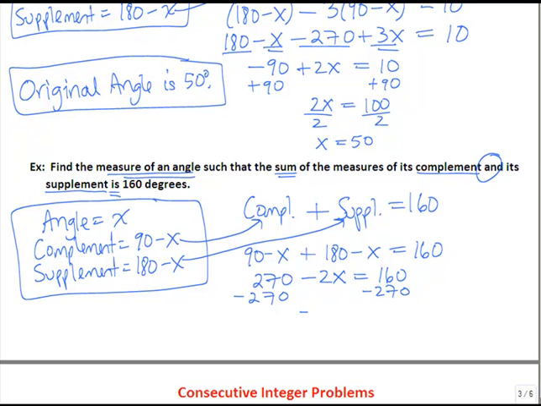And we're left with negative 2x. 160 minus 270 is going to be negative 110. And we see some negatives, but that's okay because when I divide through by negative 2, the negatives cancel out and we're left with x equals 55. So our original angle, which is what x is, is 55 degrees.